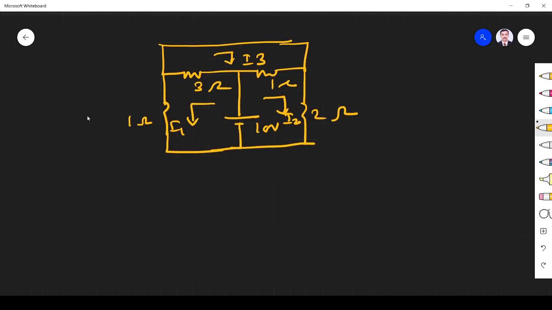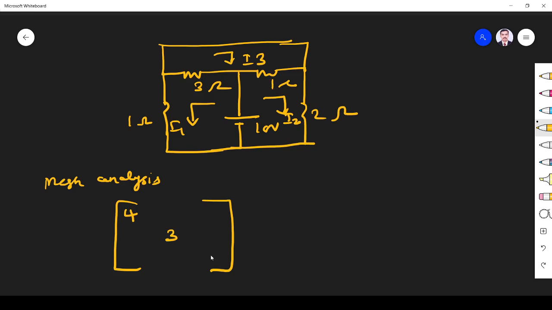So we have 3 loops, so I go for mesh analysis, and I write the mesh equation in short form. First, what are the resistances in loop 1? 1 ohm and 3 ohm, so 4. What are the resistances in loop 2? 1, 2, 3. What are the resistances in loop 3? 3 plus 1, 4.